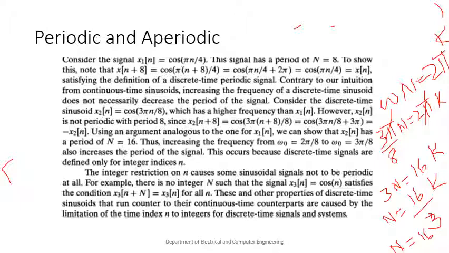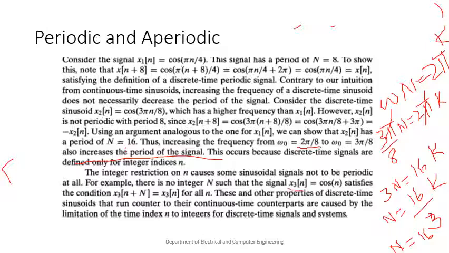So it means that only if we take time period 16 will this x2 of n become periodic. Thus, increasing the frequency from 2 pi by 8, which means pi by 4, to omega naught equal to 3 pi by 8 also increases the period. This occurs because a discrete time signal is defined only for integer indices.